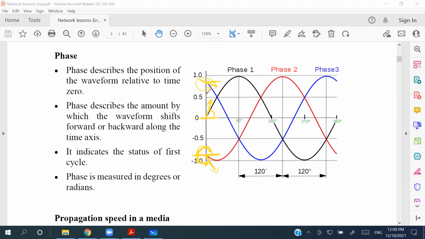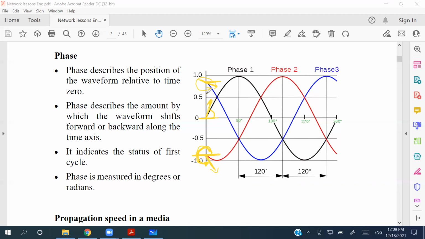As it says, pace describes the position of the waveform relative to time zero. Those are the things we can understand as the qualities of a signal. There are three major qualities: amplitude, the pace, and the frequency.